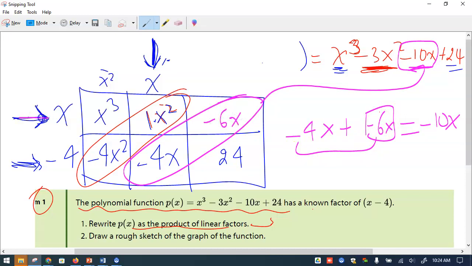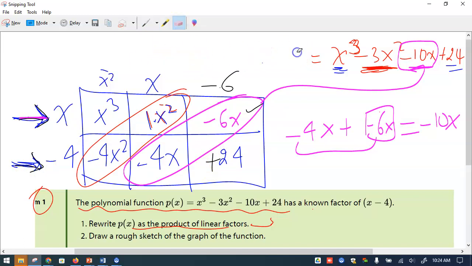Then ask the question, what x times what multiplies to get this minus 6x? You can see it has to be minus 6. And finally, that minus 6 and this minus 4 really give you plus 24, and you're done. So this is how I asked the question.